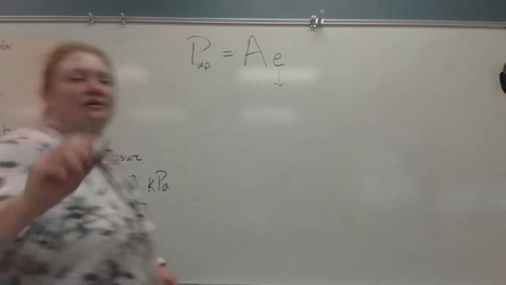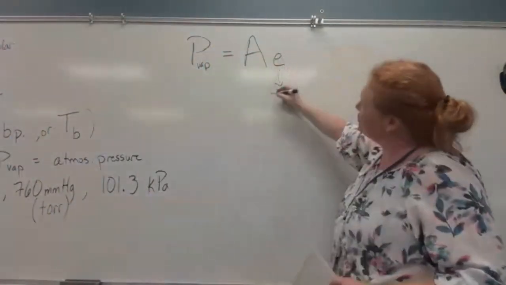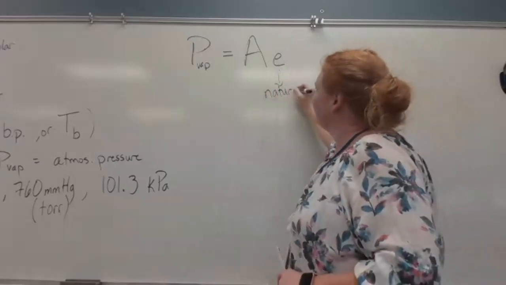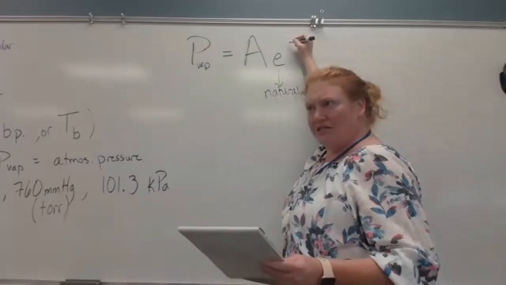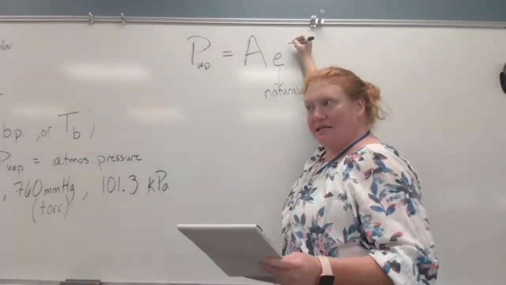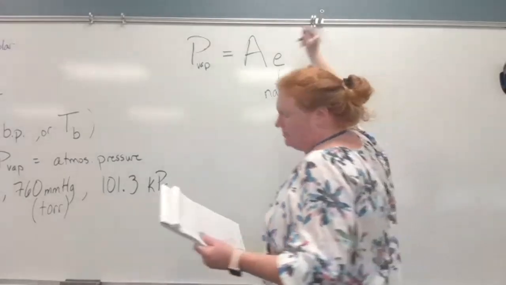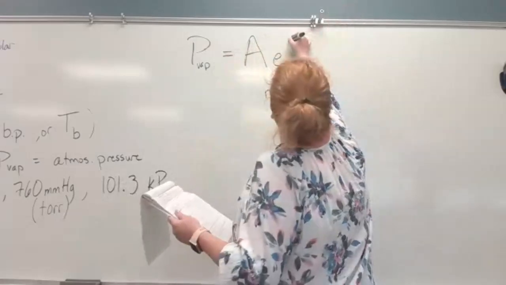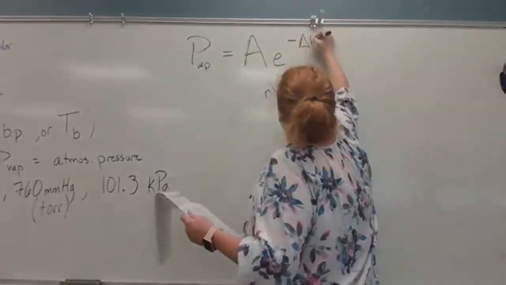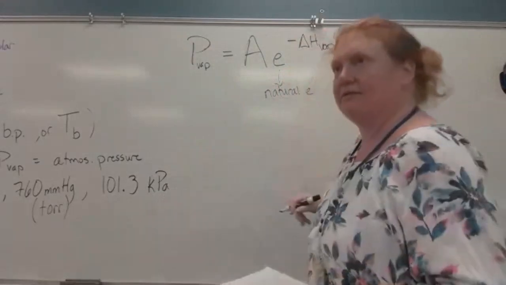Okay. So we're taking E because this is logarithmic. So it's this natural number E raised to an exponent. It's E raised to a power. What is this power? Negative delta H vap. Ooh, what does that mean?